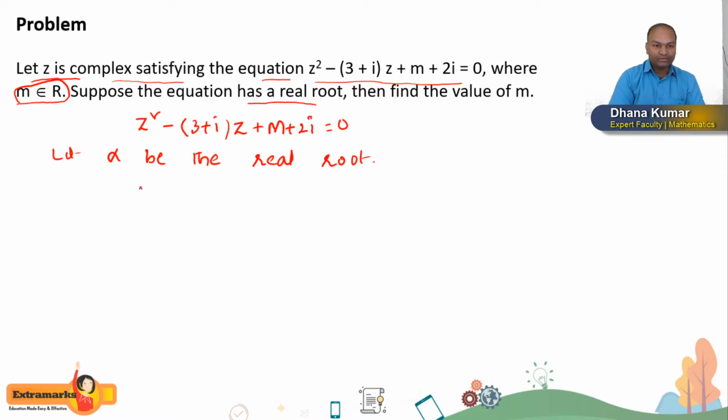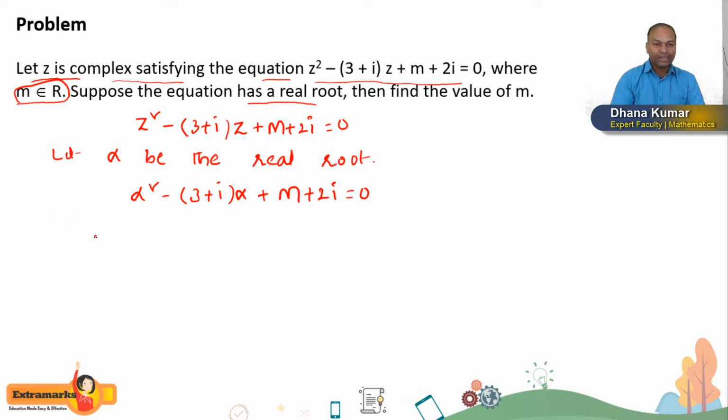Alpha square minus 3 plus i into alpha plus m plus 2i is equal to 0. Understood? Now simplification. In one order write down. That is, first real parts write down in one bracket, imaginary parts in another bracket.